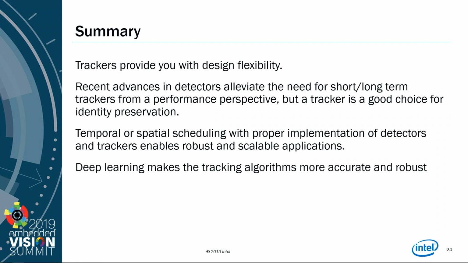It provides us robust and scalable applications. And lastly, deep learning-based tracking algorithms are more accurate and robust. So again, depending on your application, you can adopt this kind of approach if you want very strong trackers at the expense of your system resources. This concludes my talk, and thanks for your attention.